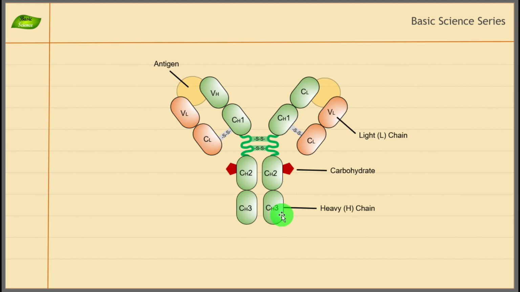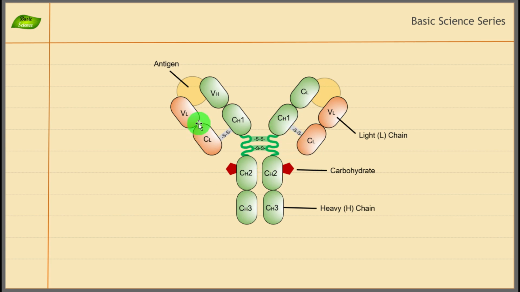There are a few things, and we haven't talked about the regions. So you have the Fab region, the antigen binding region, which is basically this particular region, and the Fc region is the region where you have these CH2 and CH3 parts of the antibody. And what is this?